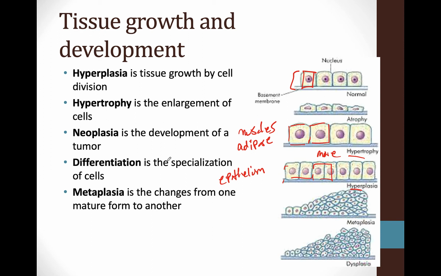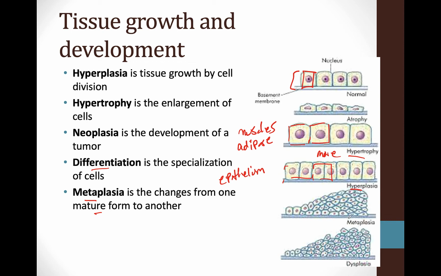When cells change what type of cell they are, that's called differentiation. So changing from a stem cell into a heart cell is called differentiation, and that's normal. What's not normal is metaplasia, where it changes from one mature form to another, like a mature heart cell into a cancerous cell, or a mature lymph cell into a cancerous cell.